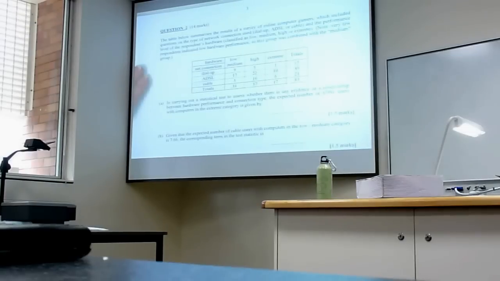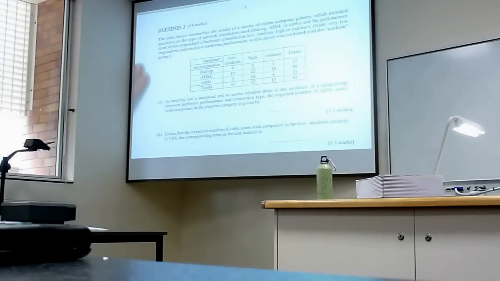Question 2, on the other hand. You see that type of thing. What section does that ring bells for anybody? Any area of work? Chi-squared stuff. Yep, that's right. You're testing relationships between 2 categorical variables, basically.